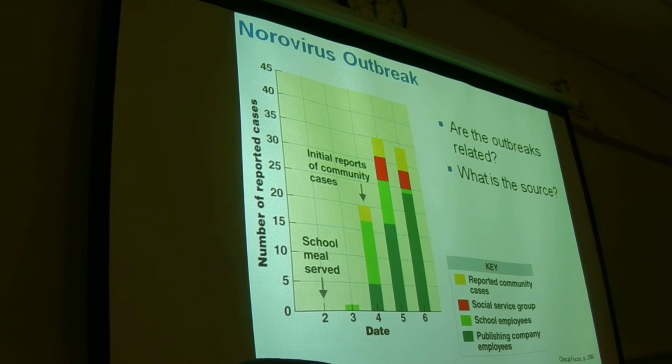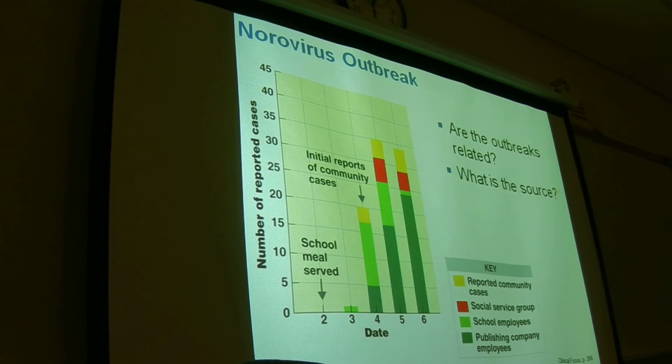Okay, another example, a norovirus outbreak. So this was a bacteria situation, here's a virus situation. Here's a real example where they had a norovirus outbreak that started with a school meal. So there was viral contamination in some of the food that was served at a school. So you can see on day 2, that's when the meal was served.